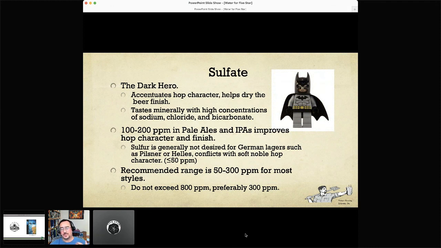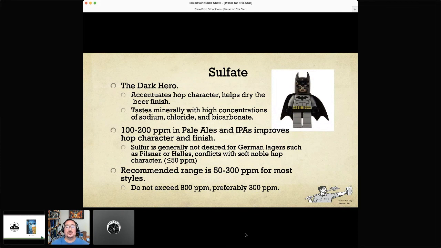However, sulfate is generally not desired in German lagers because the noble hops, the landrace hops used in German lagers, tend to have some sulfur character as well, and so high sulfate makes these otherwise light and floral, spicy hop characters more dank, which dank doesn't really work in lager unless you just love dank.